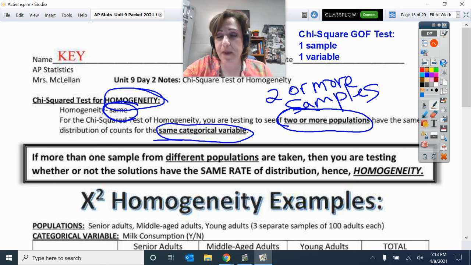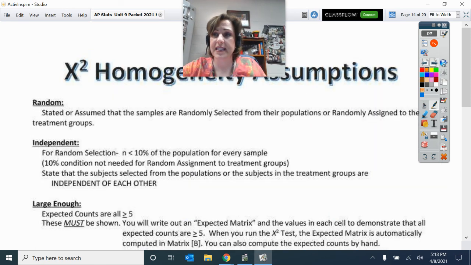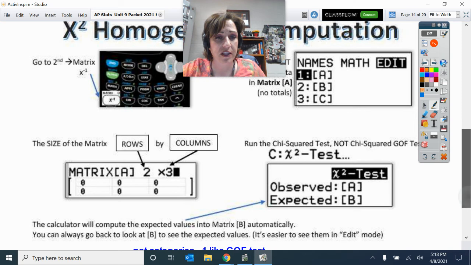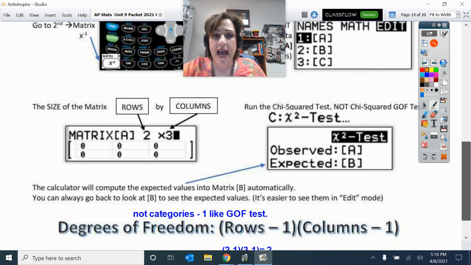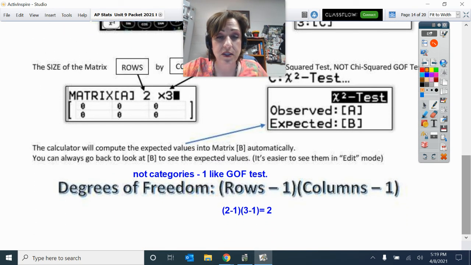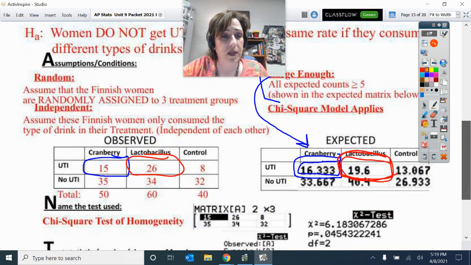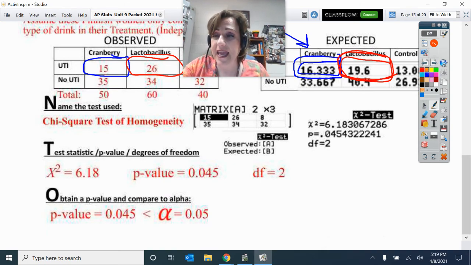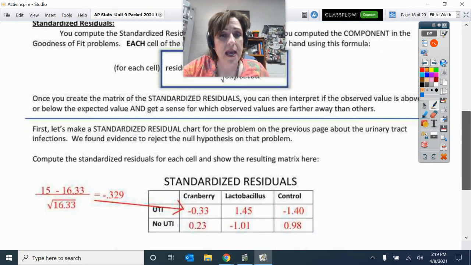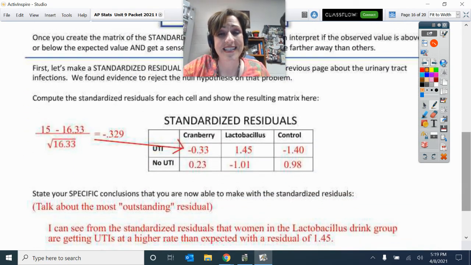Then we talked about the different way of putting these into your calculator, how to get the new degrees of freedom indicator, and how to finally do a test and conclude specifics from the standardized residual.